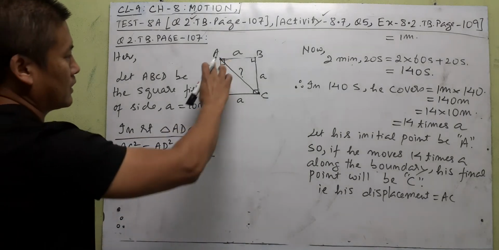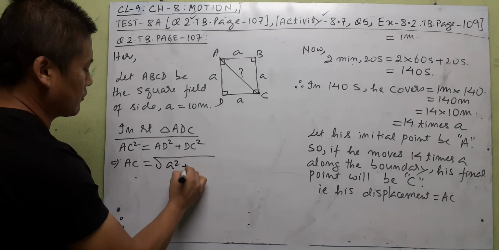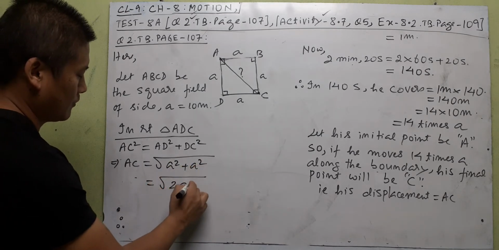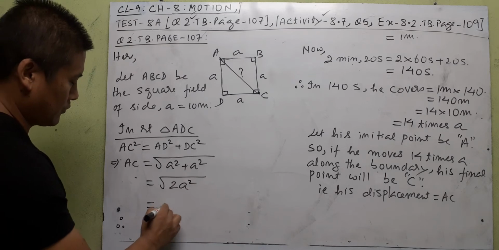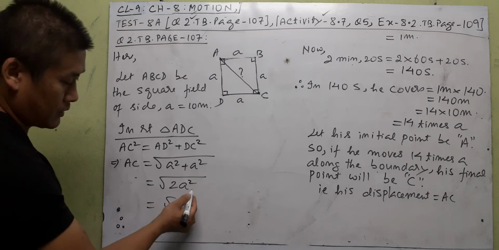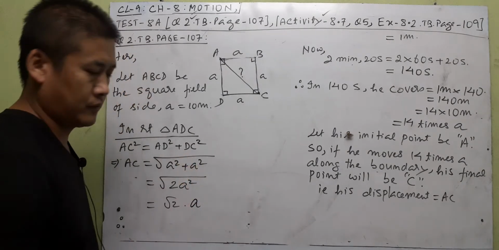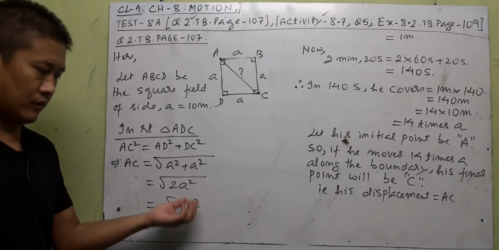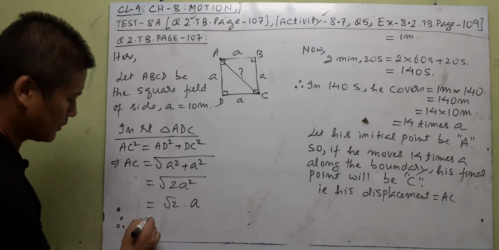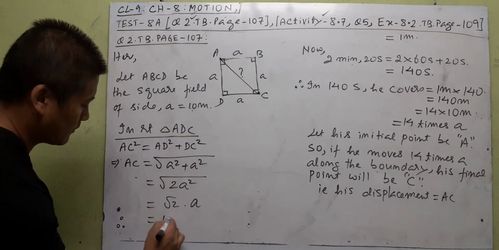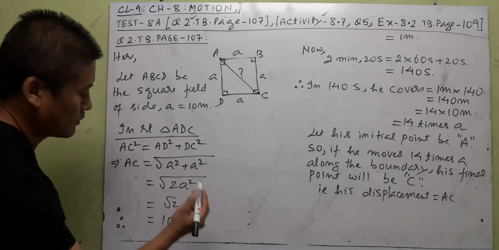We know AD is nothing but side of the square A, so A square, DC also side, so root over 2A square. So root over 2 into A square will come out as single A. That's how we remove quantities from inside a square root outside. So that is equal to here, A is 10, so it will become 10 root 2 meter.